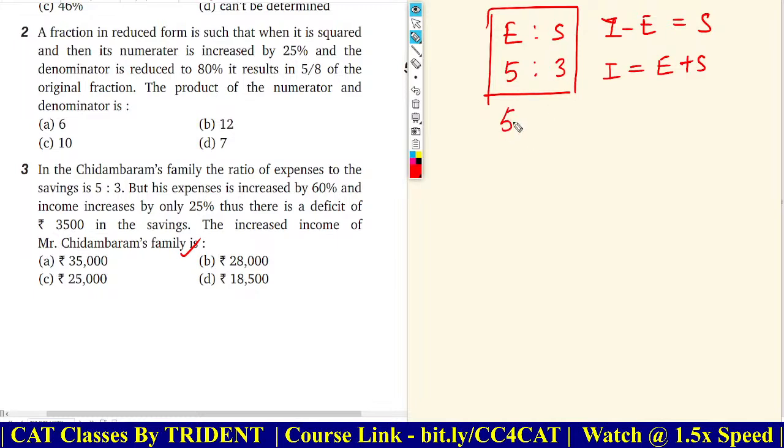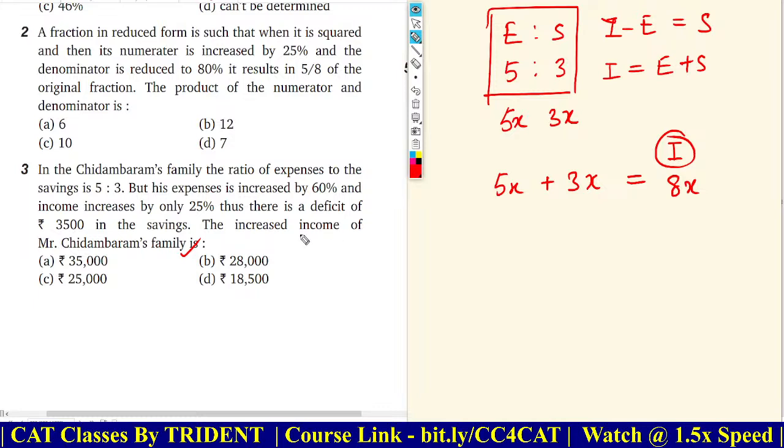So I can just take them as 5x and 3x. So can I not write them like this? 5x plus 3x, that is equal to the income. I'll keep this over there. You can also do it in a tabular fashion. You can tabulate them also. Now, you should know that with 5x and 3x, income has to be 8x. This much you should know.